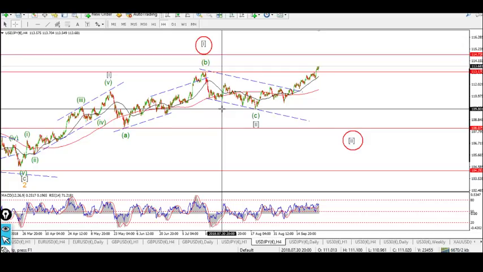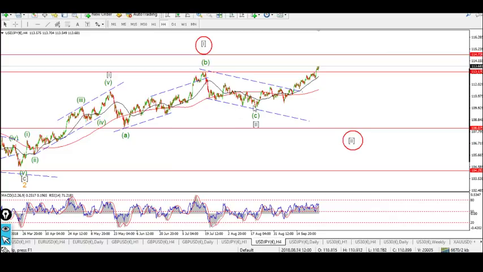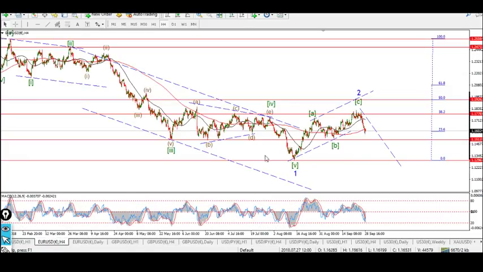So we call it a 400 point rise in dollar yen, and at the same time, more or less, in euro dollar we've had a 112.96 to 117.70 move. So you've had a 500 point rise in euro dollar. So which is it?